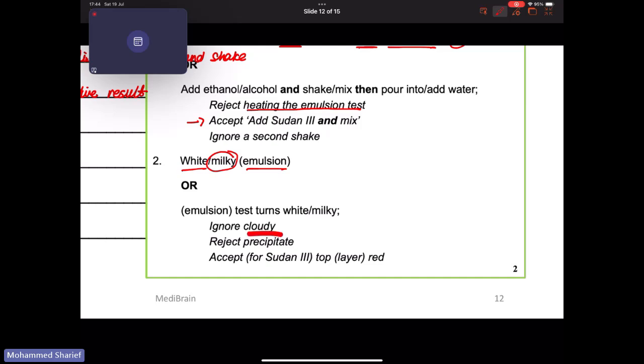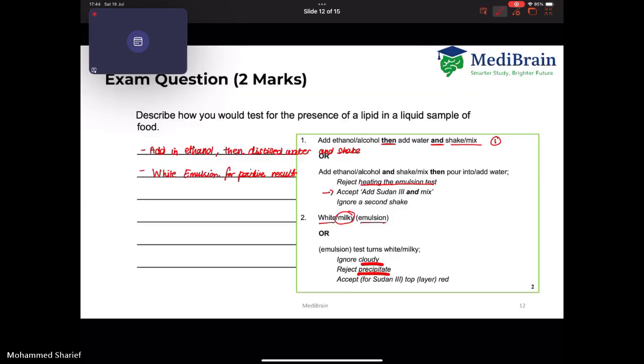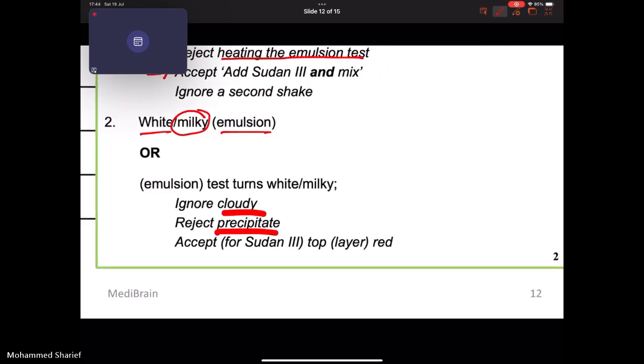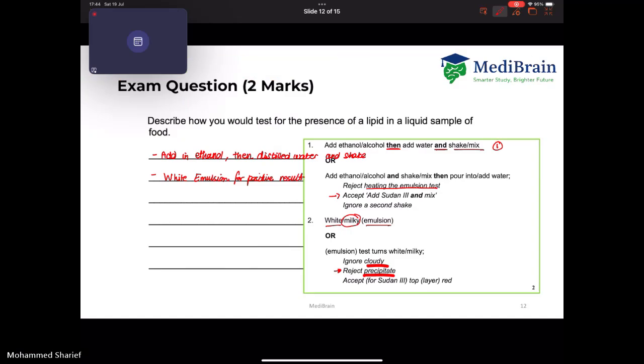It says ignore cloudy, and it says reject precipitate, so if you put in precipitate, you would just lose the mark. So you need white emulsion. Just remember the order of these questions and then you'll be fine. These are easy marks to get on a paper.